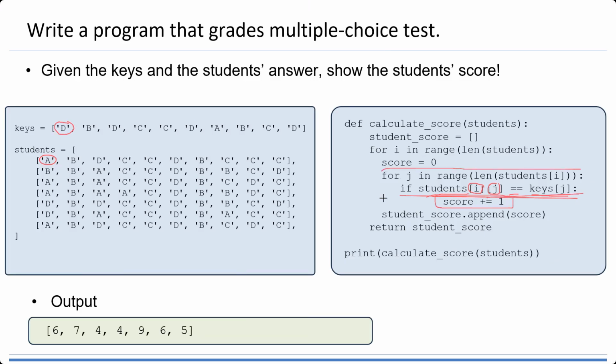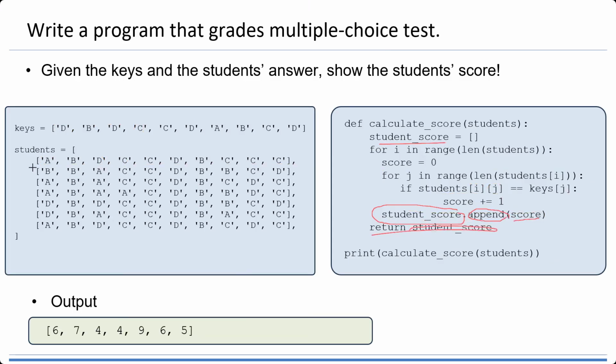So we do this loop until all elements of the student at index i are checked. After we check all elements, we put the score into the list student score, using append. At the end, we will return the student score.